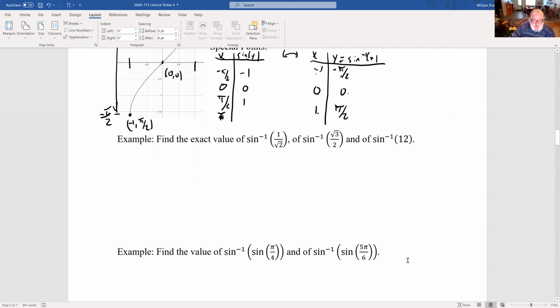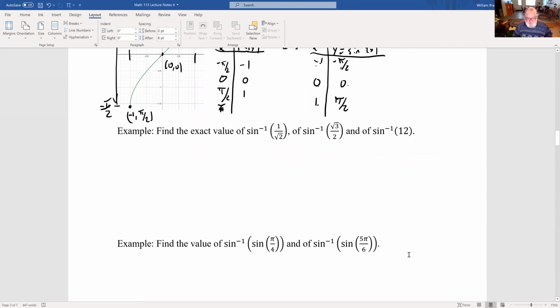So what's the exact value of these numbers? We have to remember our basic triangles: 45, 45, 90. Here's my 45 degrees. 1 over root 2, 1 over root 2, 1.